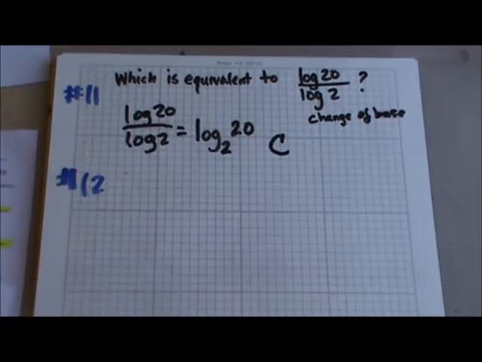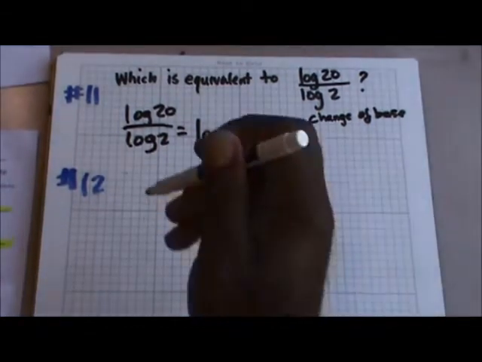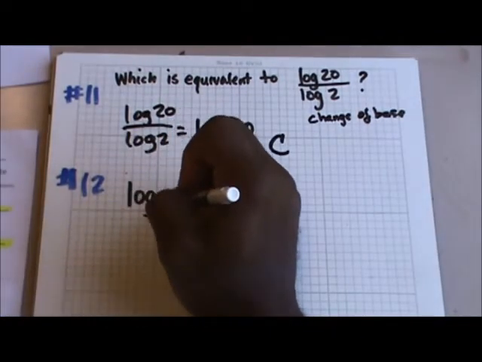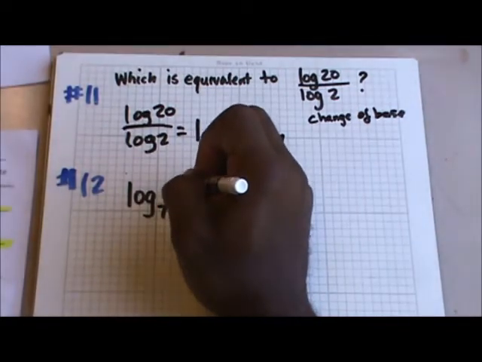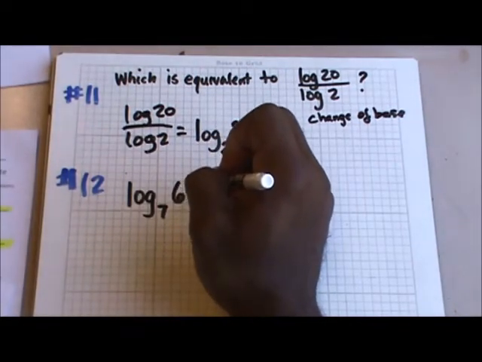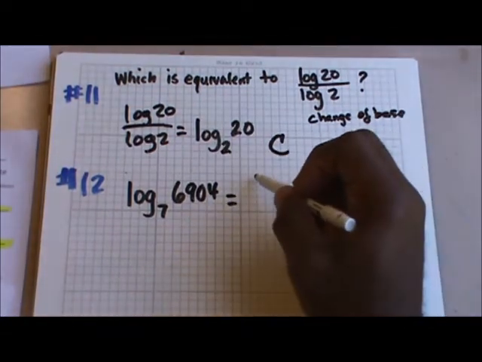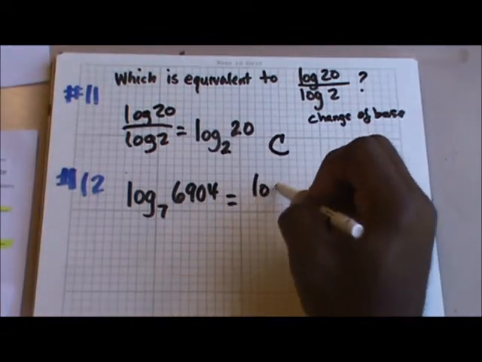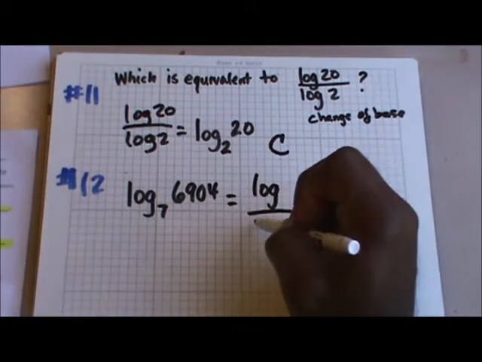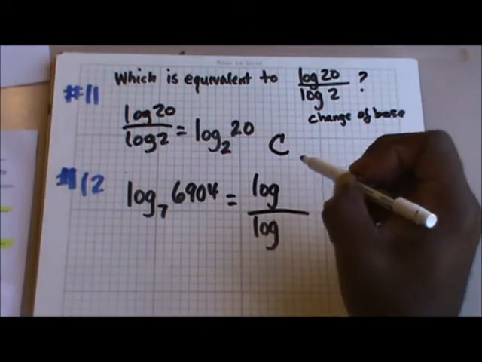They say evaluate log base 7 of 6,904. It is a calculator problem, so I'm assuming that they want you to use change of base again.